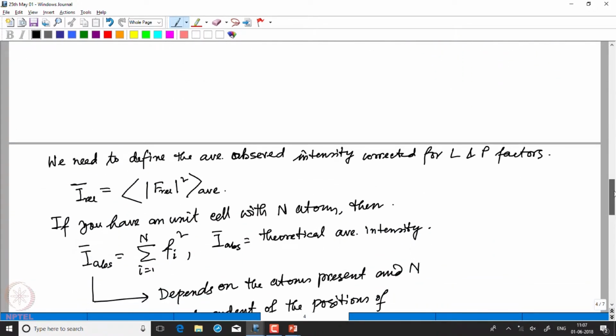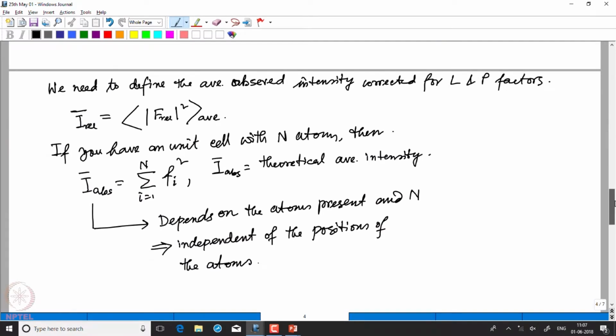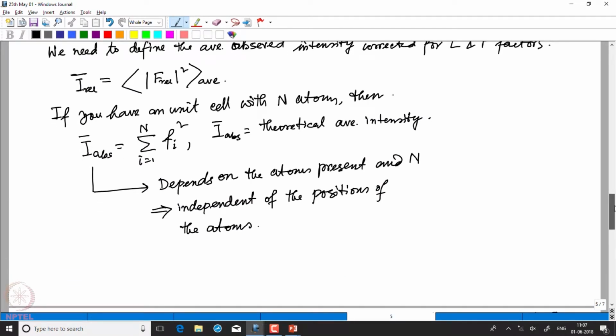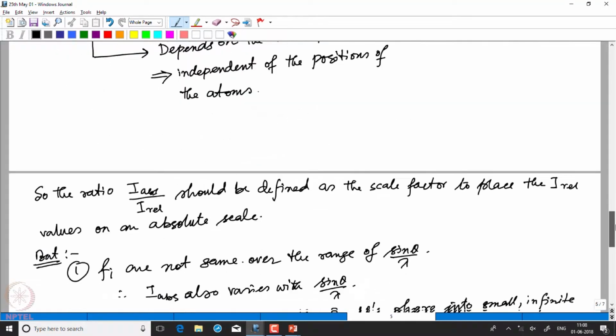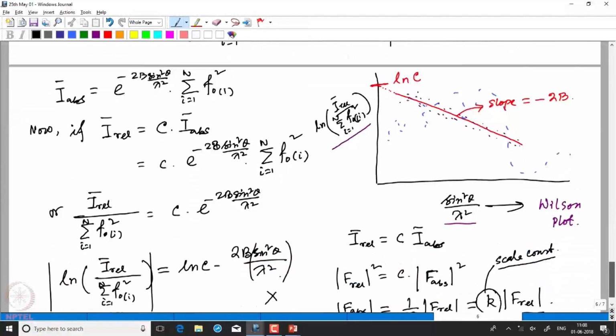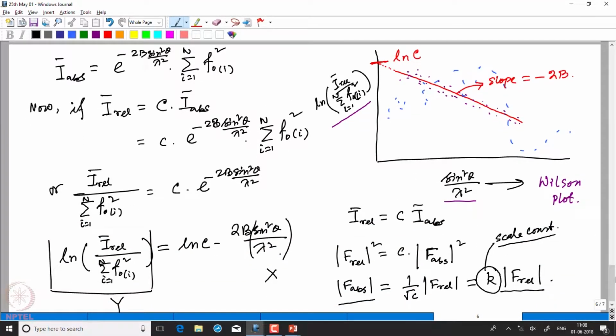Then we tried to understand the relationship between I relative and I absolute, and in that process we ended up seeing a plot called the Wilson plot, which is given here.